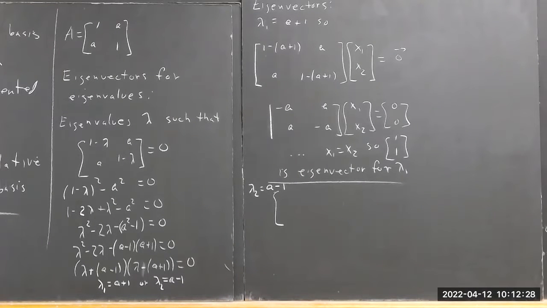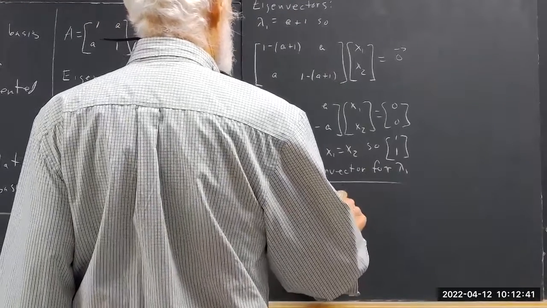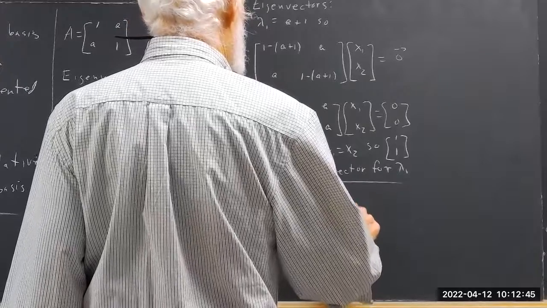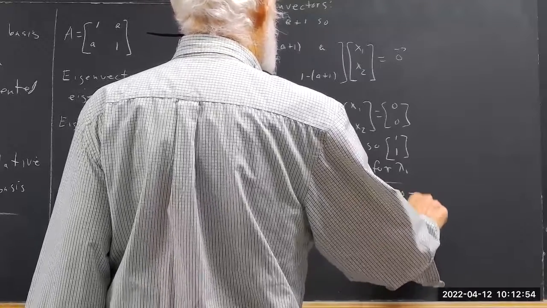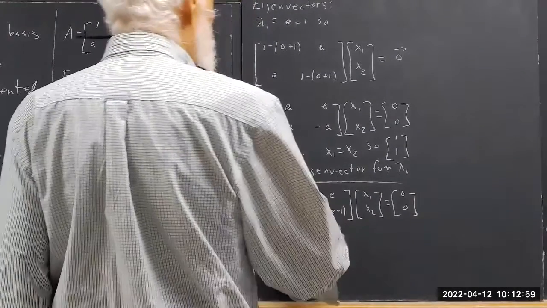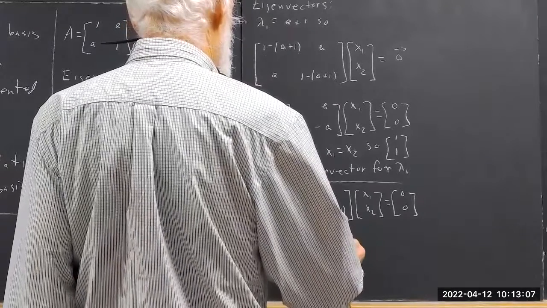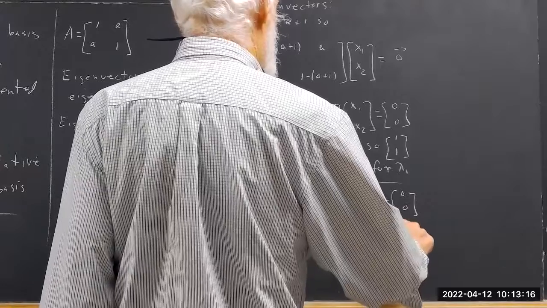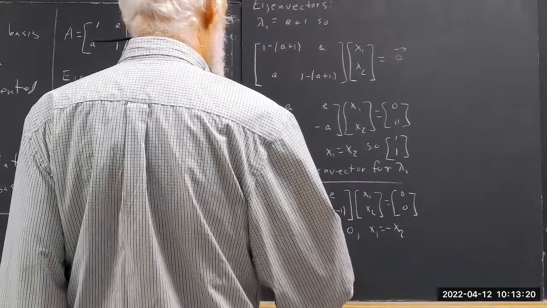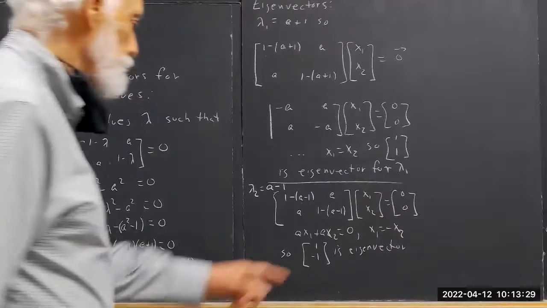And we get this. But this is just A, and this is just A. So this is an eigenvector.